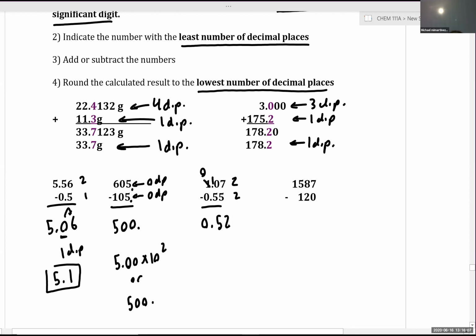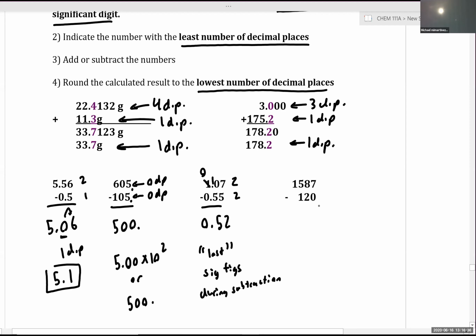Notice how in this case, we quote unquote lost sig figs during subtraction. This is normal, and this can occur quite commonly. The key thing to keep in mind is when you're adding and subtracting, you only care about decimal places, not sig figs.